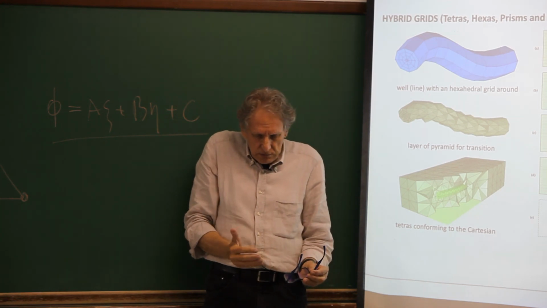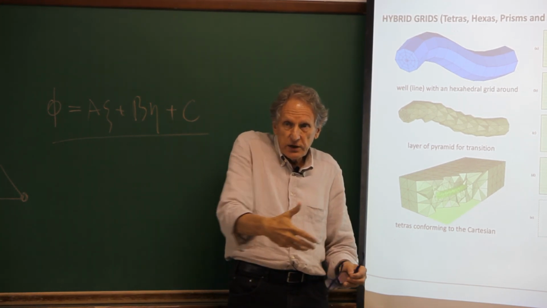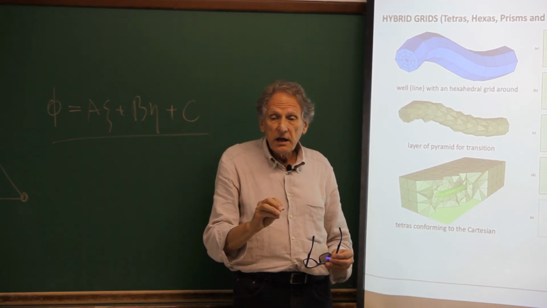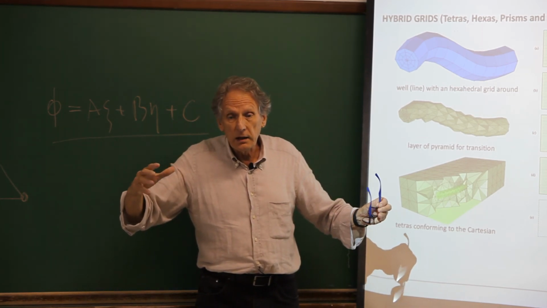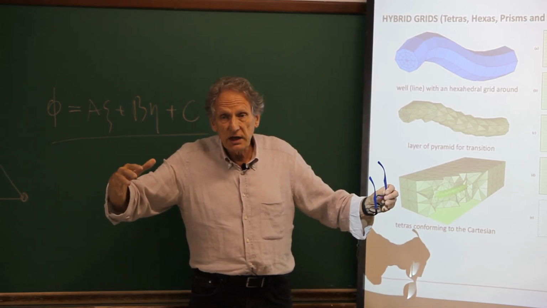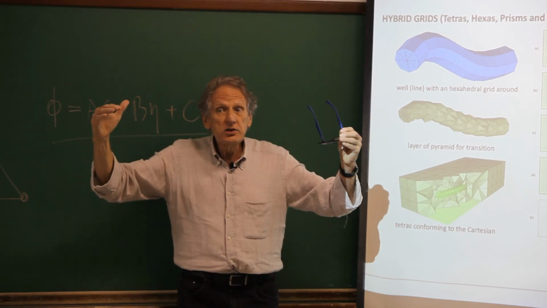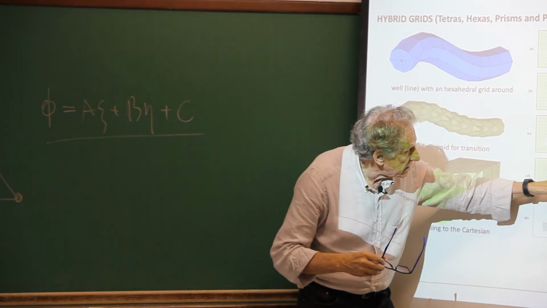Then you are able to calculate precisely the velocities of oil, water, and gas entering the well, because you have a refined grid. After you leave, far away from the well, you have the transition, then you go to tetras, and then the tetras connect to the Cartesian there.